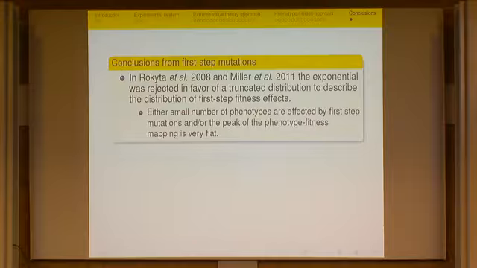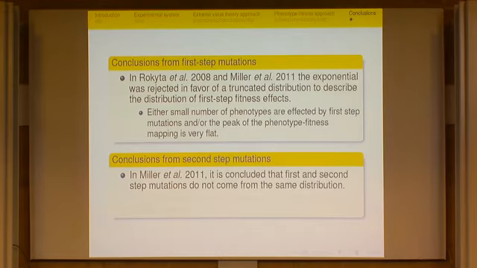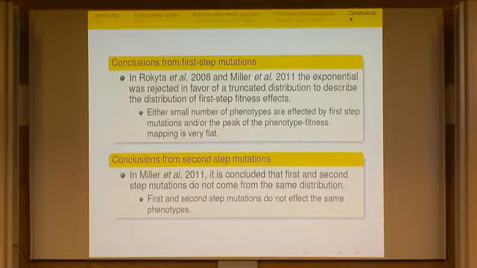So there's two conclusions. The first conclusion is that the distribution of fitness effects, with the parameters that come out of the extreme value theory, can be explained by a phenotype fitness Fisher geometric model, where the dimension is the shape parameter and the scale parameter is how far you are from the fitness peak.